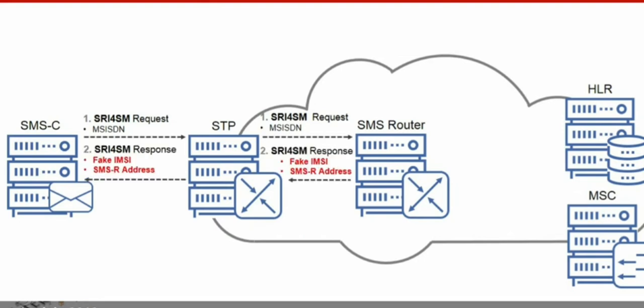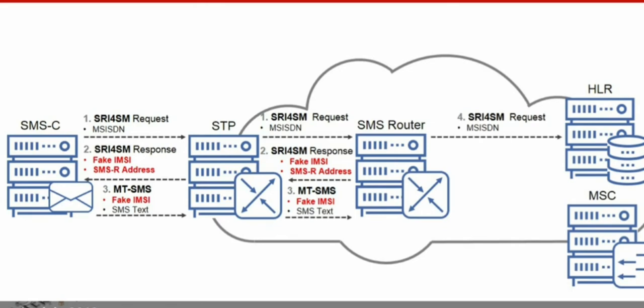The SMS router generates a fake IMSI and sends it, and its own address instead of the MSC's one, in the response. The SMS center delivers the SMS to the SMS router. After that, the SMS router correlates the incoming fake IMSI with the initial MSISDN and performs the second HLR interrogation process.